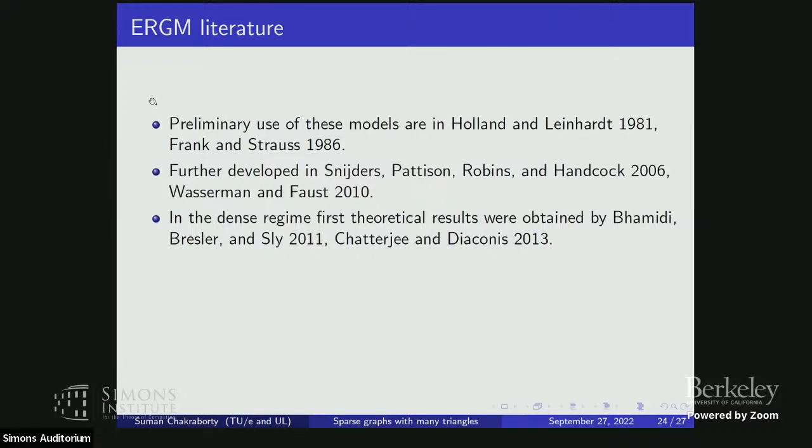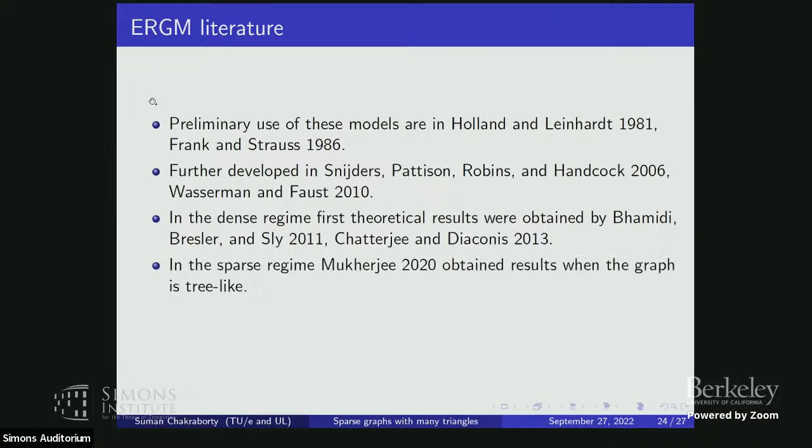And again, there are more results on the dense regime by many authors. In the sparse regime, the only results that we know of are by Mukherjee, but that's on graphs that are tree-like. You can consider, for example, stars Q and R, or a combination of them. There you use a contraction principle on a result by Bordenave and Caputo, where they consider large deviations of the neighborhood distribution of the Erdős–Rényi graph. But these results run on a different scale than our results, so you cannot derive our result from Bordenave and Caputo.